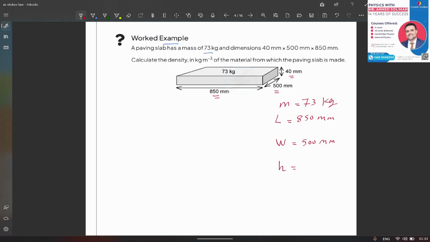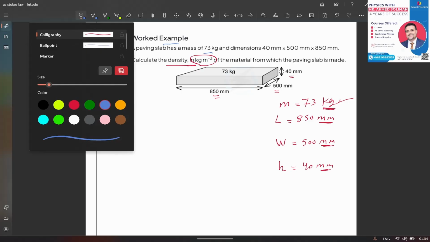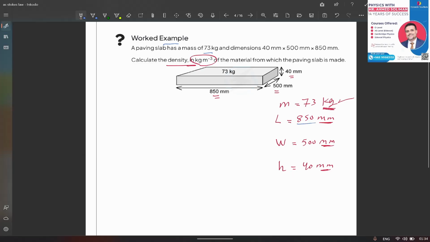Finally, the thickness or height is 40 millimeters, and they asked you to find density in kilogram per meter cubed. So now we have mass in kilograms, so we don't need to convert, but since he said kilogram per meter cubed, we need to convert from millimeters to meters. So now we need to divide the dimensions by 1000.